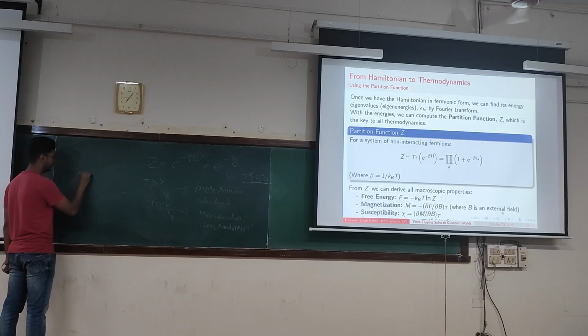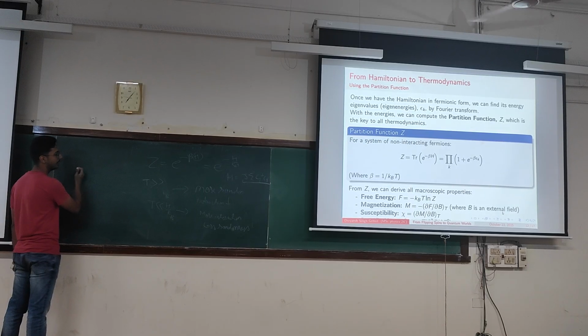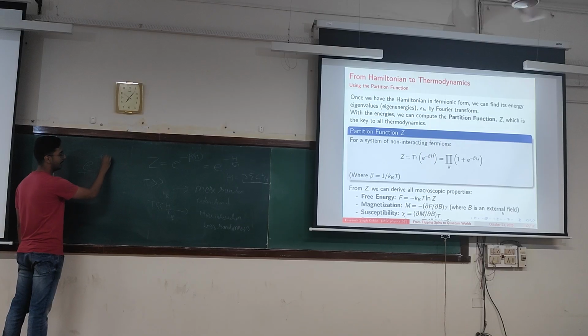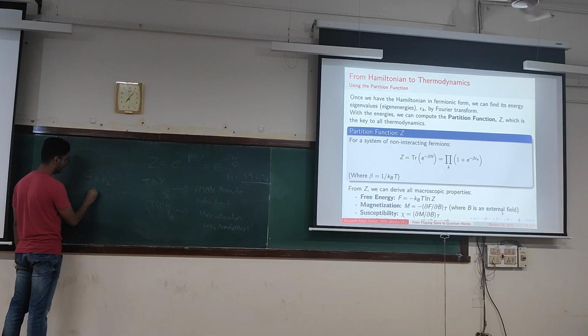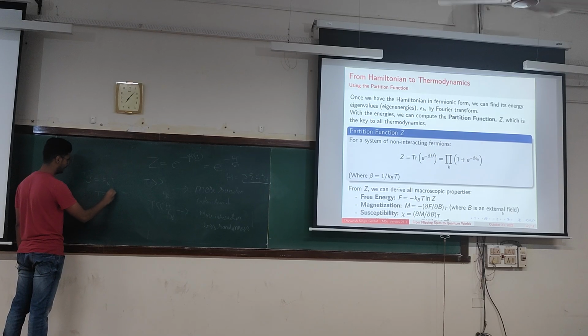So J is basically that. If we compare our Hamiltonian with this, J equals kBT, and T becomes J by kB.